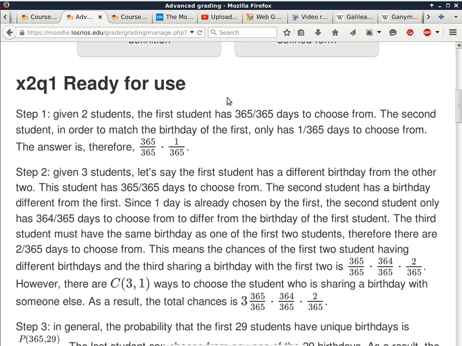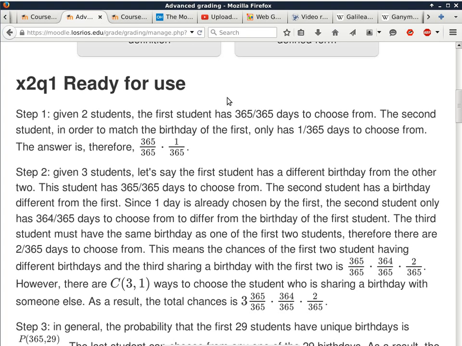In other words, the chances of 2 students having the same birthday is exactly the complement of the 2 students not having the same birthday. So you can take 1 minus 365 over 365 times 364 over 365. They will come up to exactly the same number. So if you use that approach for step one, it will still be okay.